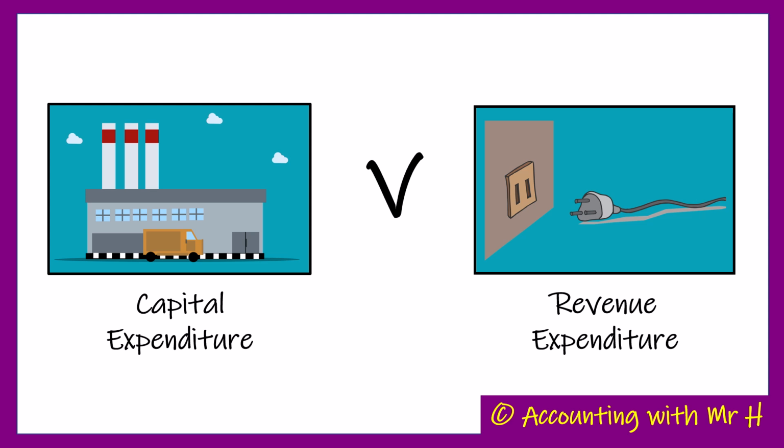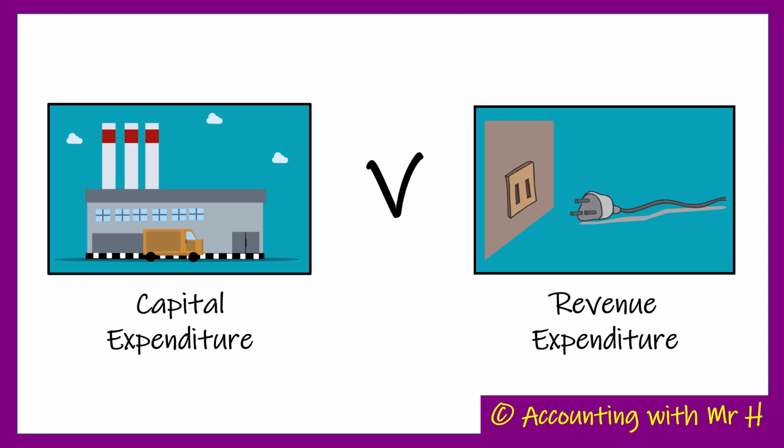Why does it matter? Well, because capital expenditure is recorded in the SFP, in the Statement of Financial Position, whereas revenue expenditure is recorded in the income statement. And if we muddled the two up, it would ultimately make the profit figures be wrong. Suppose, for instance, we bought a new piece of machinery and we put that as an expense in the income statement.